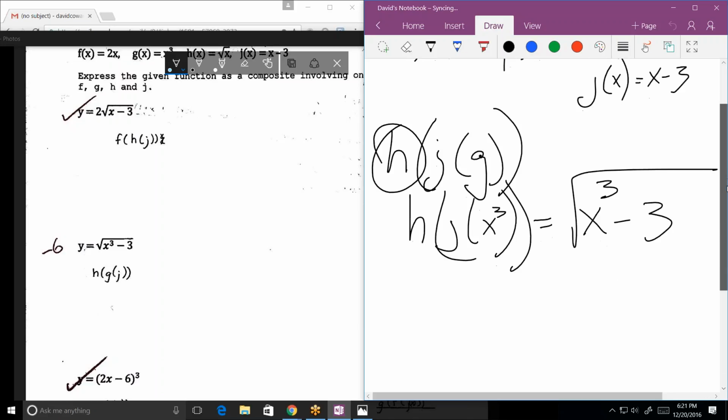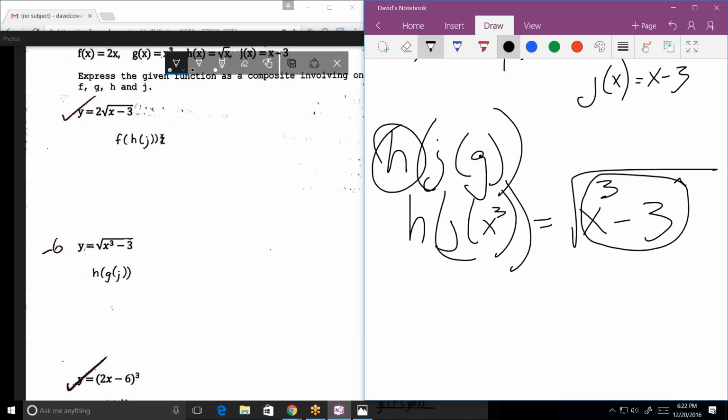Yeah. It was h of j of g, because j of g produced x cubed minus 3. You had to figure out what produced x cubed minus 3. You know you can apply the square root to that and get our answer, but the toughest part of this problem is figuring out how to produce that.